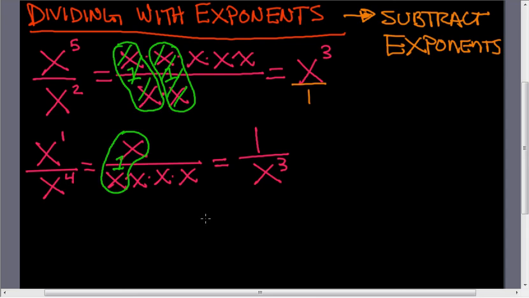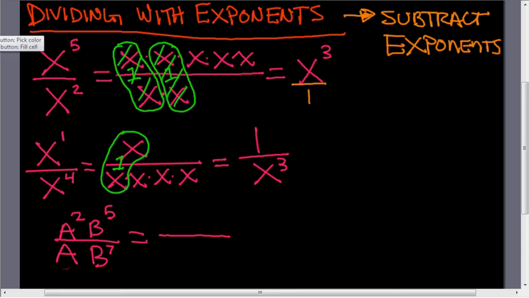This also works when you have more than one variable. What if we didn't have x's? What if we had a to the power of 2 and b to the power of 5 over an a, and then b to the power of 7? I don't want to write all this out, but when we do this, we do each variable by itself.